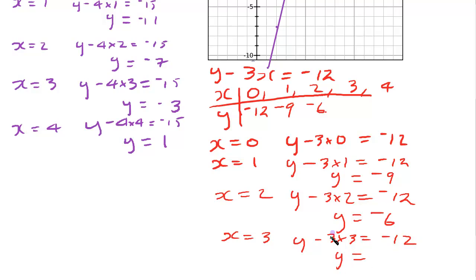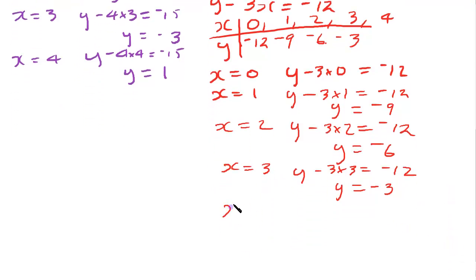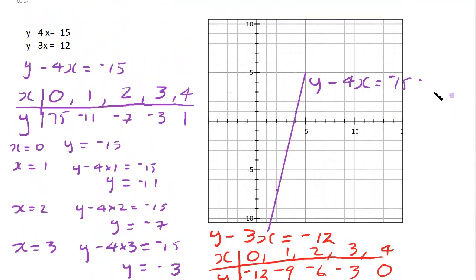So therefore, that's minus 9. Add 9 to both sides, we'll get minus 3. And if we do the last point, which is x equals 4, we get y minus 3 times 4 equals minus 12. Add 12 to both sides, and we get y equals 0. Let's plot these points on our graph.